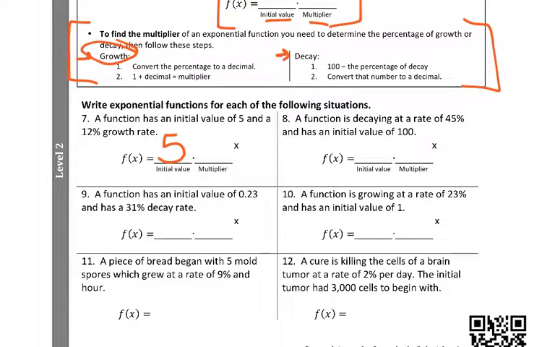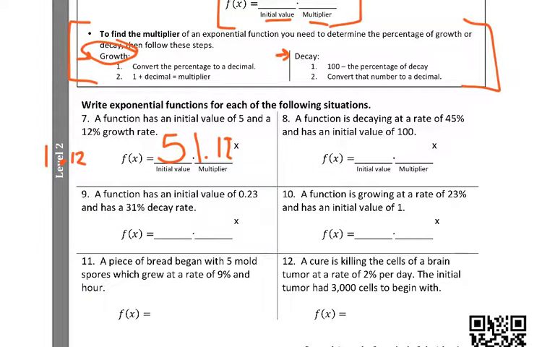The first thing I need to do is convert the percentage to a decimal. 12% is going to be 0.12, and then I want to add a 1 to that. So our multiplier is going to be 1.12. So our function here is going to be 5 times 1.12 to the x power.